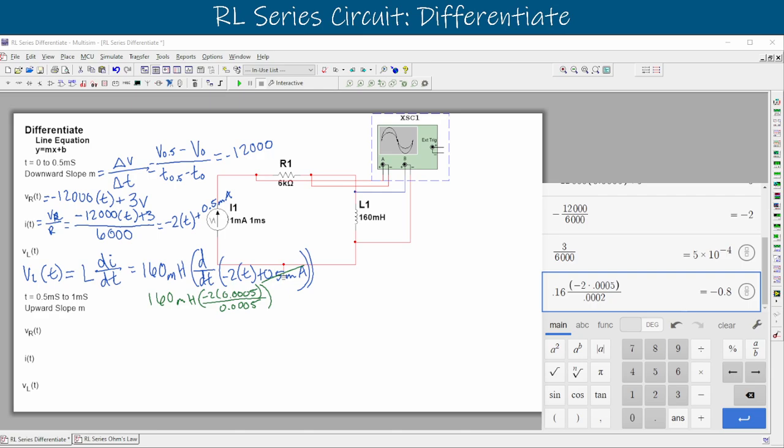Yeah, there we go. So that's what we expected there. So we're going to plug this one in. This is actually our voltage, right? Because that's the full sum of this entire equation added out. And so we'll set this equal to VL of t, and that t specifically is at 0.0005 seconds. So the voltage drop across the inductor is equal to a negative 0.8 volts.